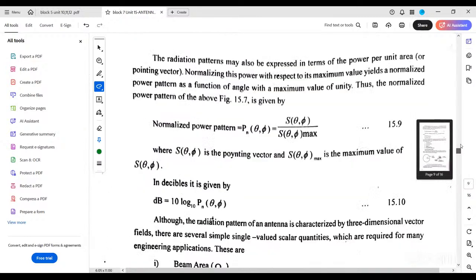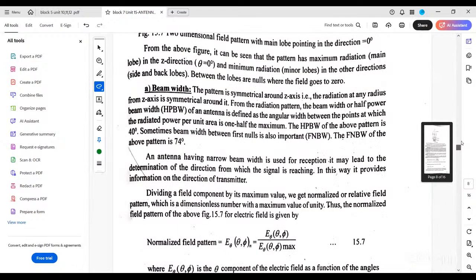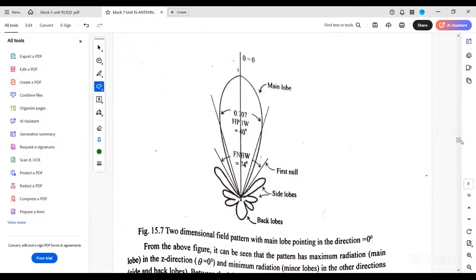Page number 149. See, radiation patterns, we discussed this in the parabolic reflector. Did you remember the diagram? Yes, ma'am. In the parabolic reflector, we have it like this with small lobes. Page 167, parabolic antenna.